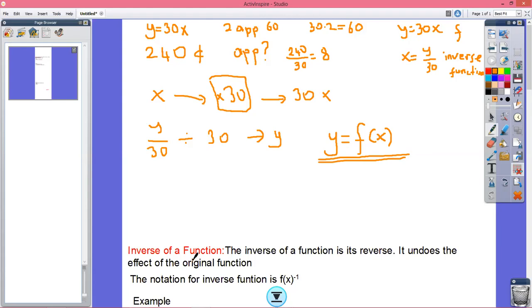The notation for inverse function is f minus 1 of x. So if our function is f of x, the inverse function will be f minus 1 of x.